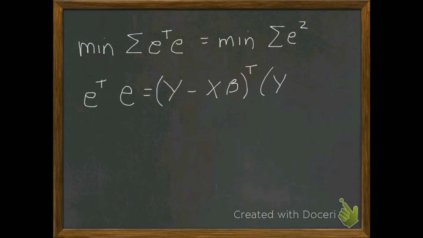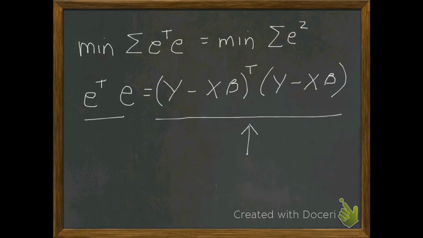Don't worry about it. So in terms of minimizing the sum of these distances, what we've ultimately got to focus on is how we're going to minimize the product of y minus xb transpose times y minus xb.